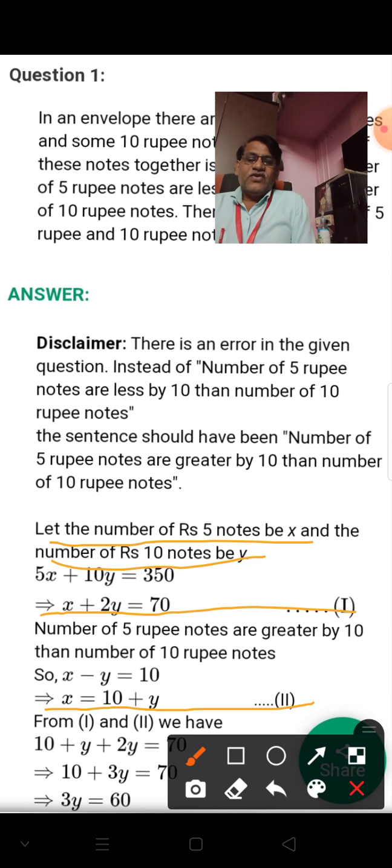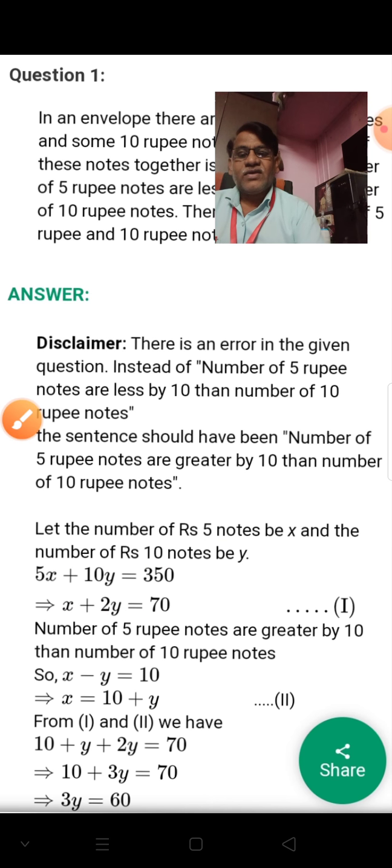Now you have to solve these two equations. Okay, so substitute the value of x from equation 2 in equation 1. The value of x is 10 plus y.